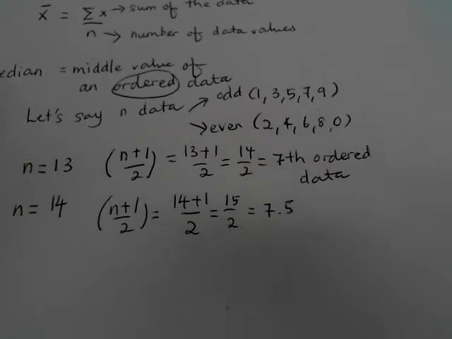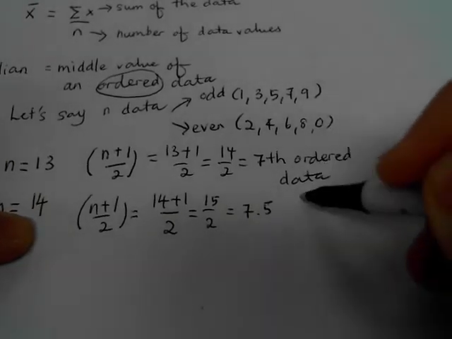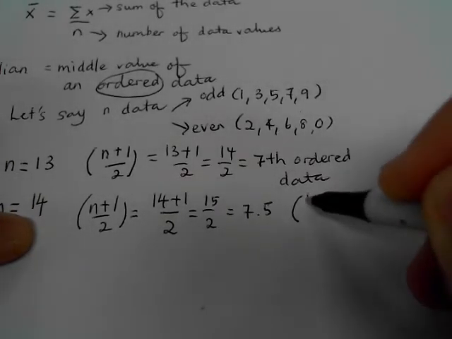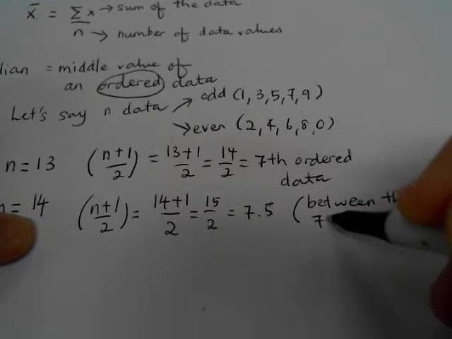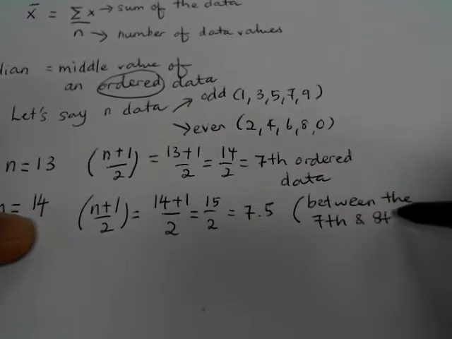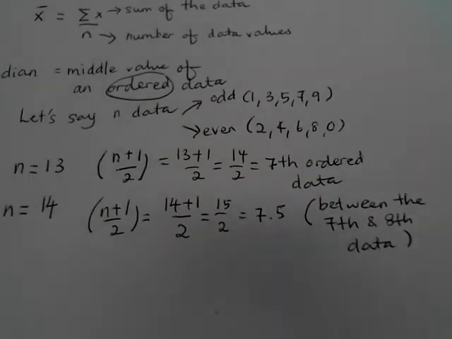When it's ordered data and you have a 7.5 for an even collection of data, what it means here is it is between the 7th and the 8th data. All right, so it's between data number 7 and data number 8. Take the two values, divide by 2, and that is your median for the particular set of data. Okay.